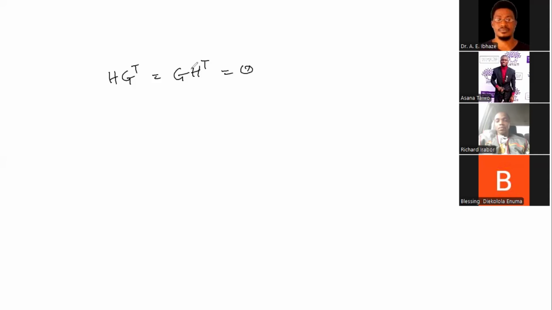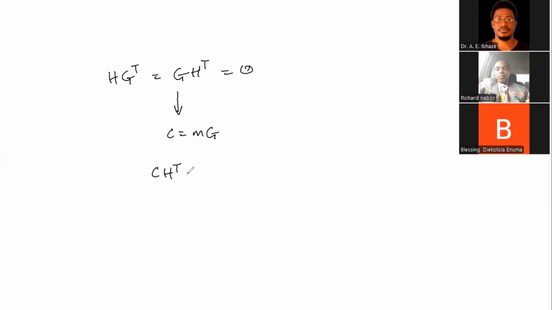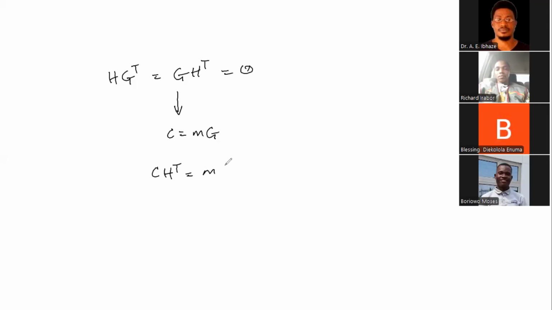And we also mentioned that the generator matrix, which is used to generate the codes, is such that the code word is the same as the product of the message bit and the generator matrix. And when it comes to decoding, the code word multiplied by the transpose of the parity check matrix, which is the same as the message bit multiplied by the generator matrix multiplied by the transpose of the parity check matrix, must be equal to 0 for error-free transmission.